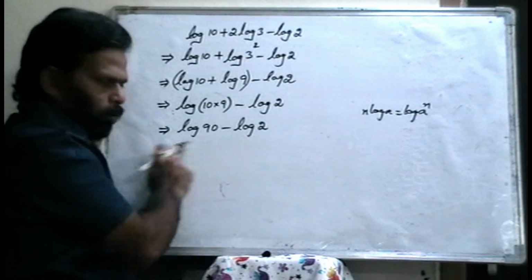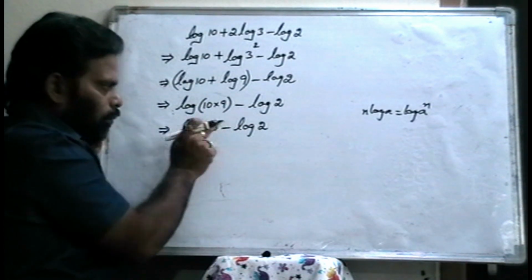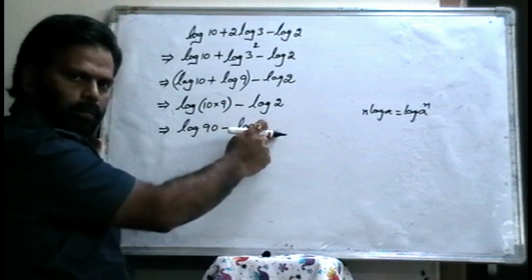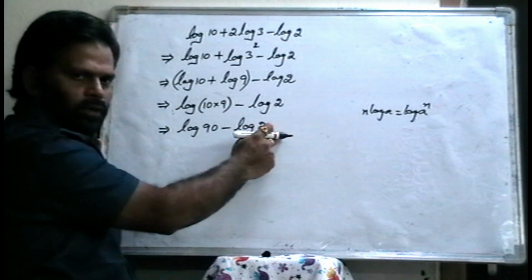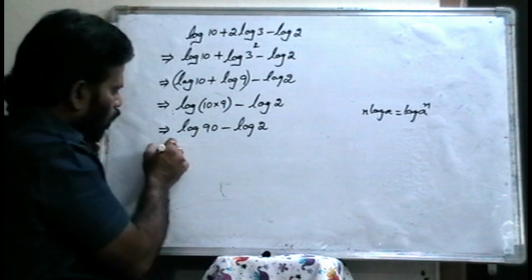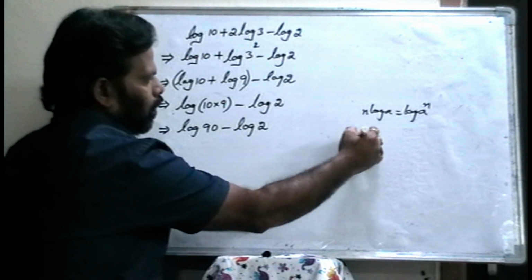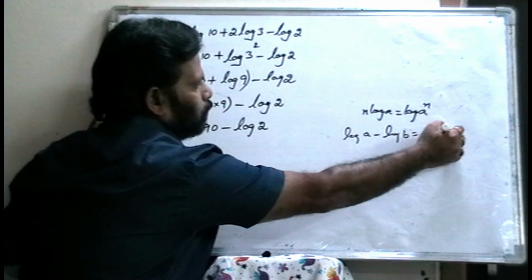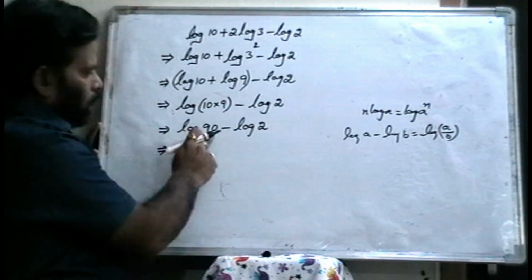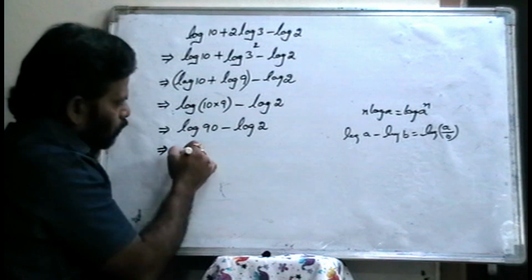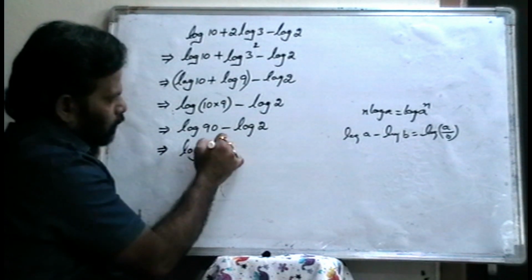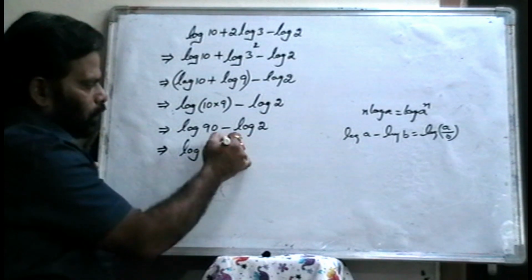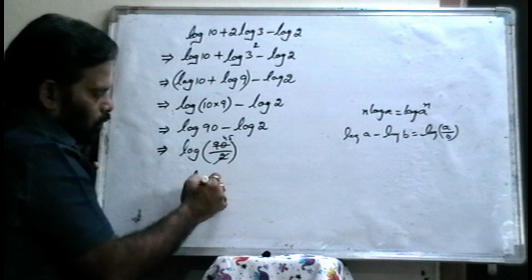Now it is in the form of log a minus log b. We know that log a minus log b is equal to log a by b, 90 by 2. So 2 ones are 2, 45. So log 45.